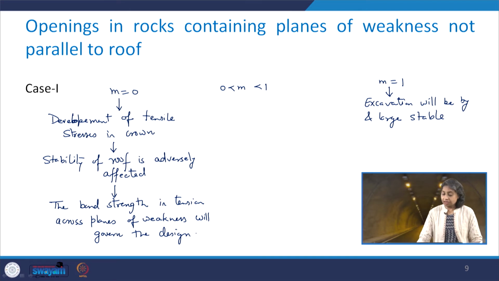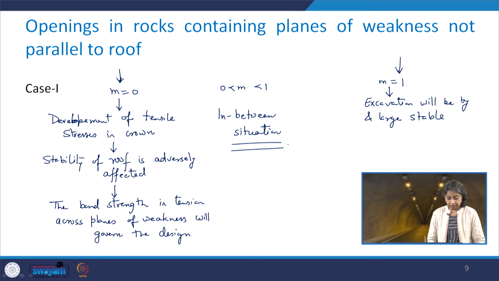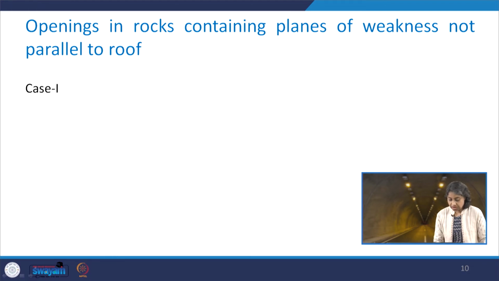So, these are the two extreme situations, that is uniaxial state of stress and hydrostatic state of stress. Coming to the biaxial state of stress, somewhere you will have an in between situation. Now, here again focus on the uniaxial state of stress, that is when M equal to 0.